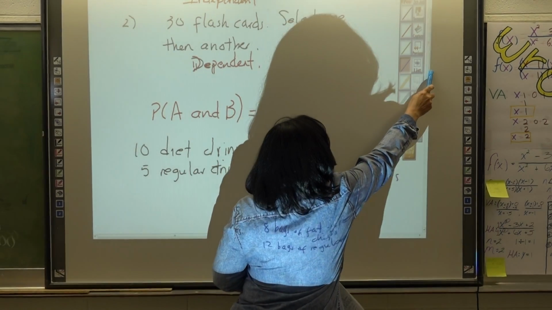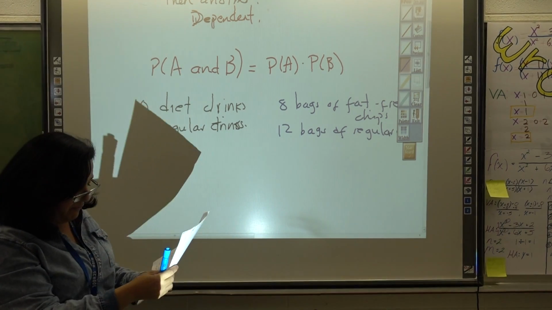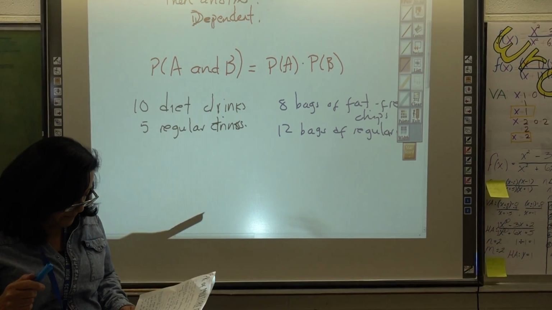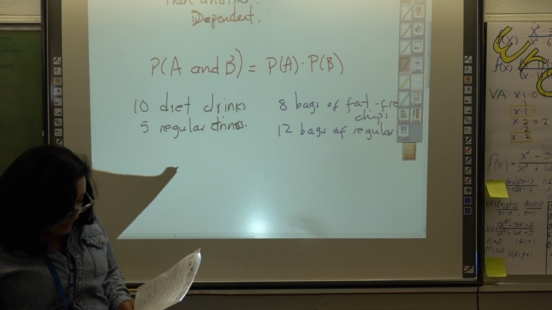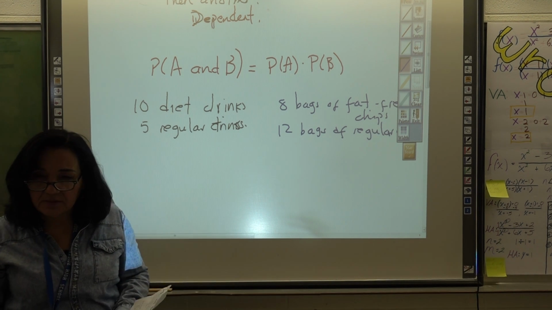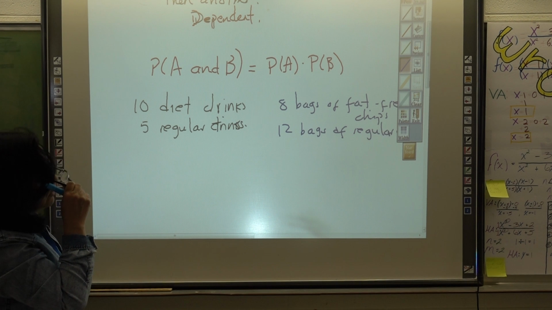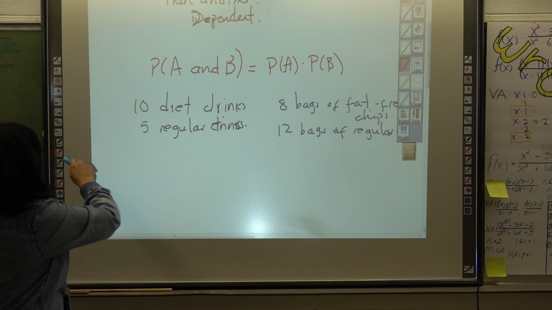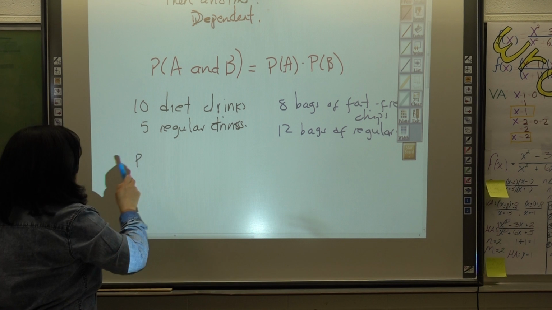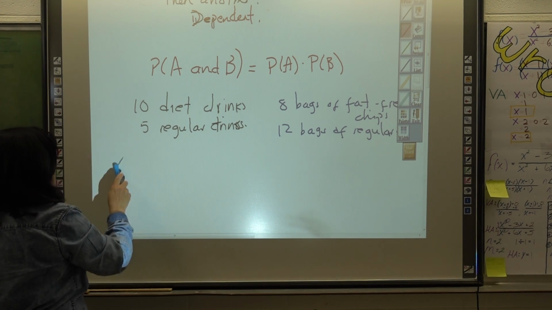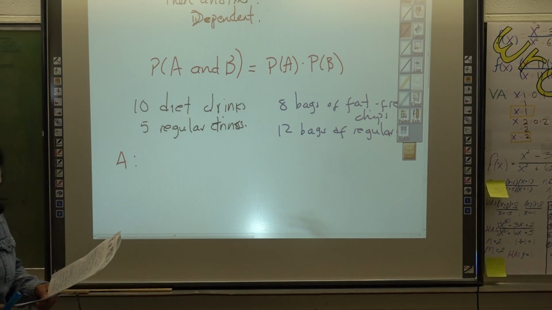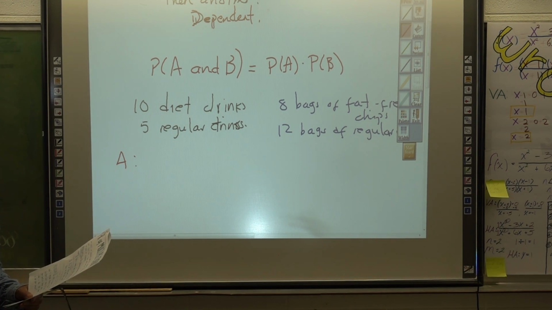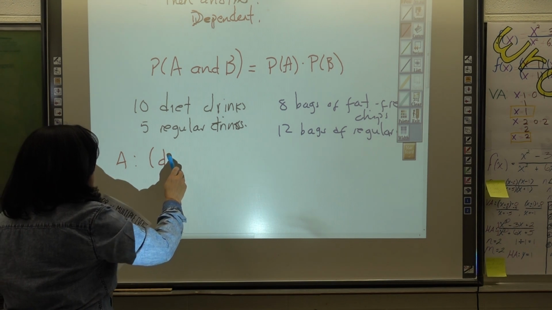So how do we know? What is the probability of A and B? That's what it says. Grab a drink and grab a bag of chips. Okay? But specifically fat-free. So diet, and what do we do? We have 2 events here. One event is A, the one that says selecting or grabbing a diet drink.